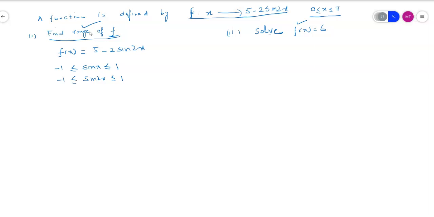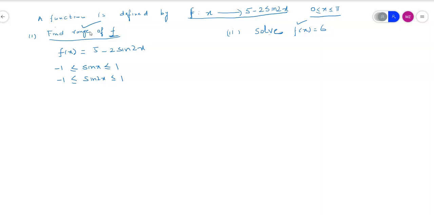Sine x or sine 2x makes no difference, because this is a sine function, and its range always lies between these two values, minus 1 and plus 1.